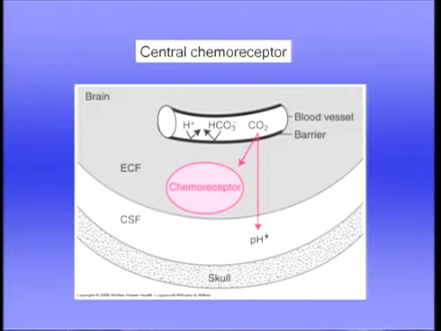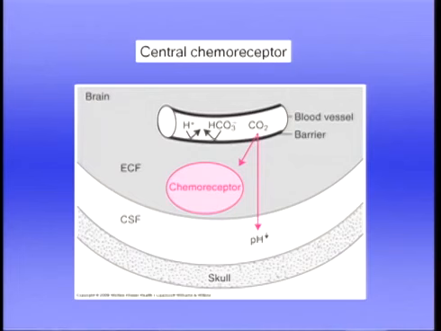Let's look at the central chemoreceptor. Now here's a nice diagram showing the central chemoreceptor, which is embedded in brain tissue, as you can see. It's in the ventral part of the medulla. It's actually only a few millimeters below the surface.